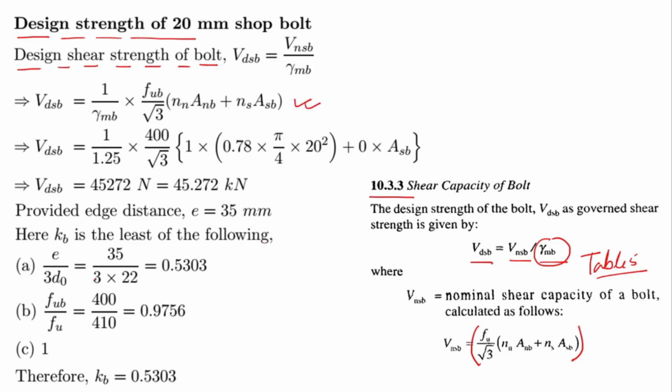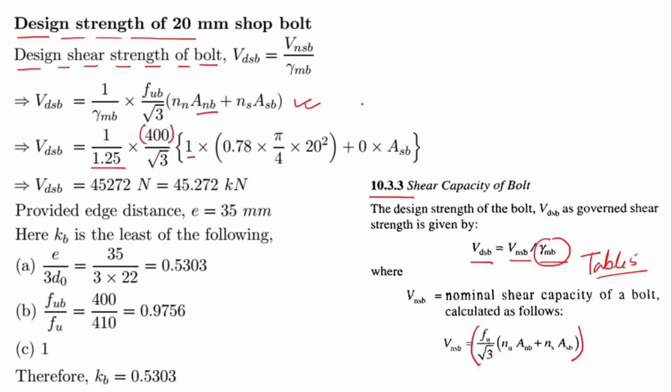So this is the formula for design shear strength. Then we shall put the values. Here gamma MB is 1.25, as I have already told, taken from table 5. FUB is the ultimate strength of the bolt. Then NN equal to 1, the number of shear planes at the threaded portion.